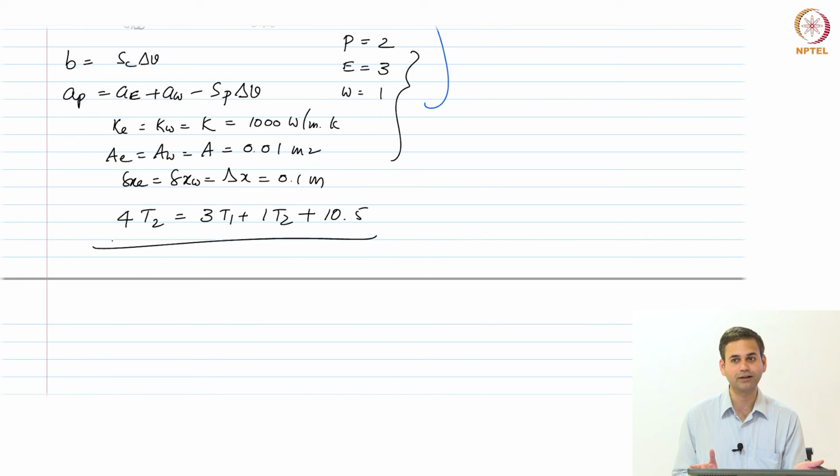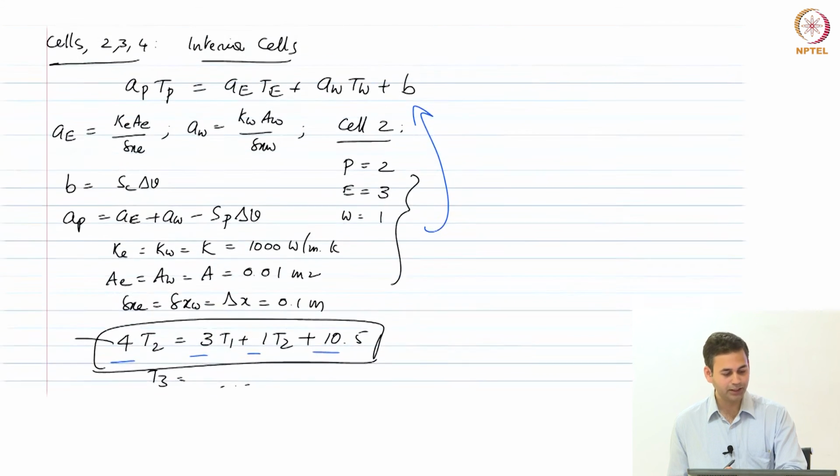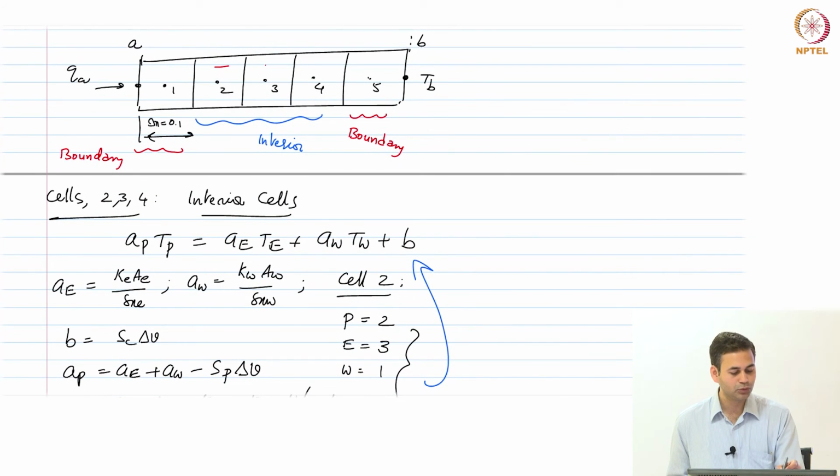The coefficients are all incorrect, but you get some equation like this, and you get 2 more equations for T3 and T4. These coefficients are of course not correct, I just wrote to indicate something. You have now 3 equations for the interior cells, that is 2, 3, 4, fine.